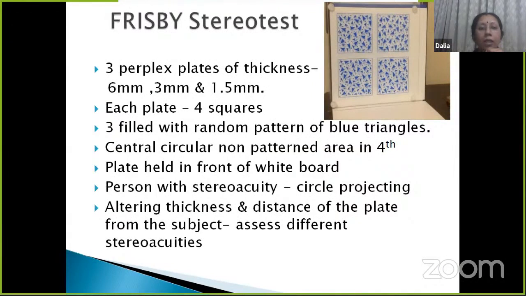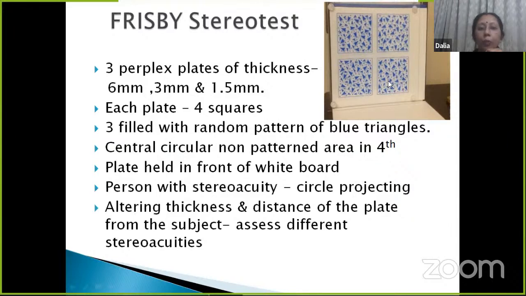Here you have 3 plates of varying thickness, that is 6 millimeter, 3 millimeter, and 1.5 millimeter. Each plate has 4 squares, and of these, 3 squares have a random pattern of blue triangles.